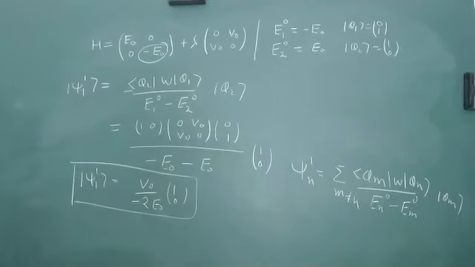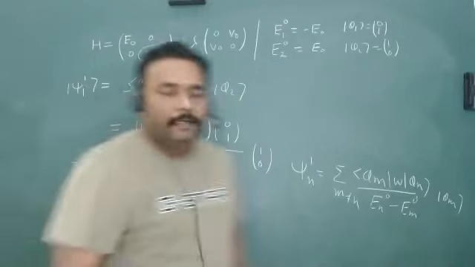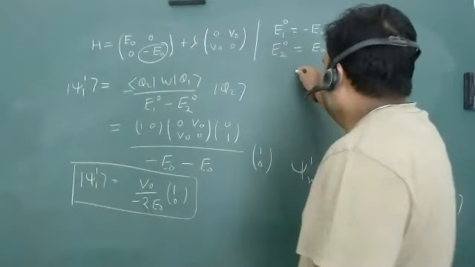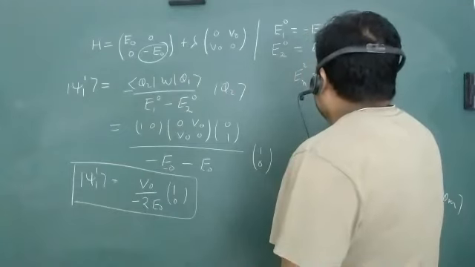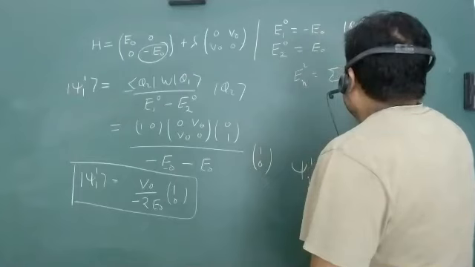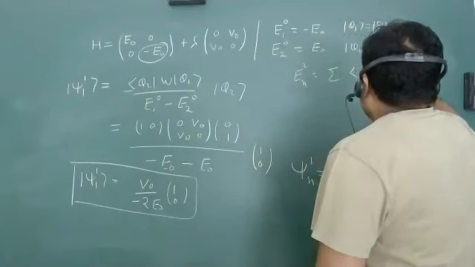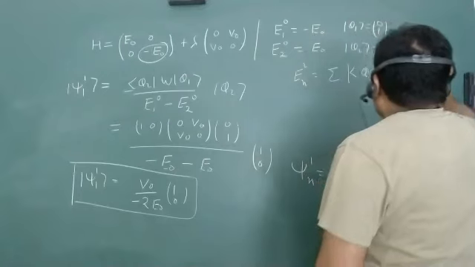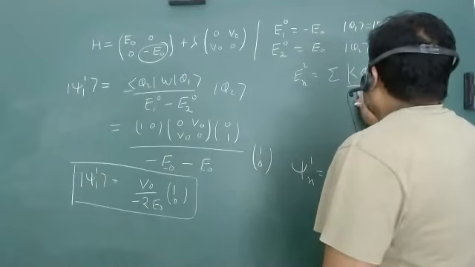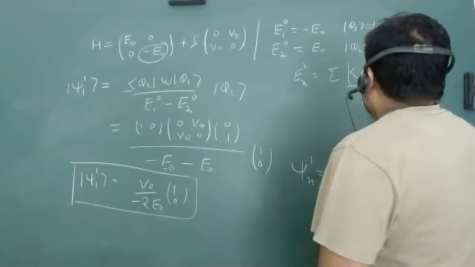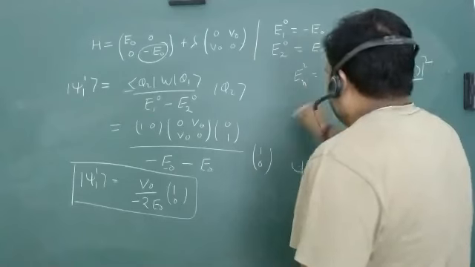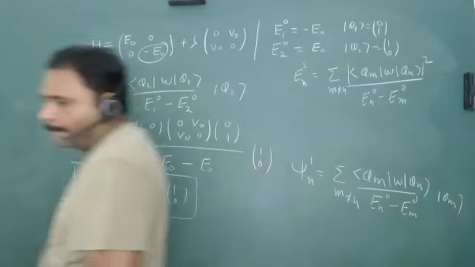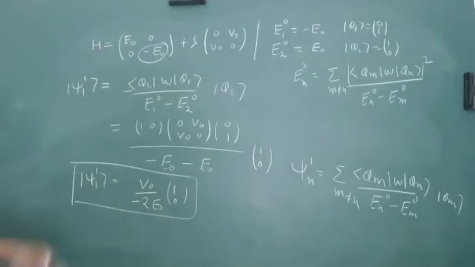Once you are able to find it, you can easily find En1, En2. What will be En2? En2 is nothing but the summation over the same thing, phi m W phi n, and you just take the mod square of this, over En0 minus Em0, where again m is not equal to n. So this is the same thing you are using. Can you please tell me what will be E12?